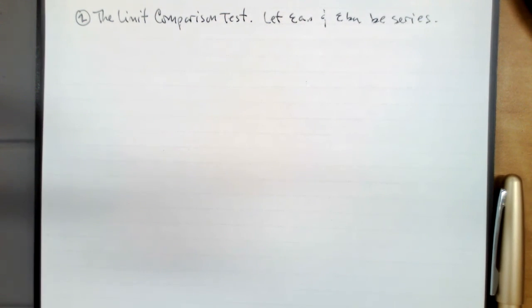So we start off with a similar thing. We have AN and BN in series.